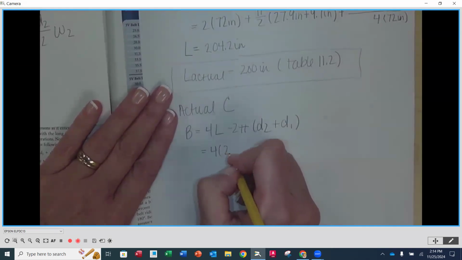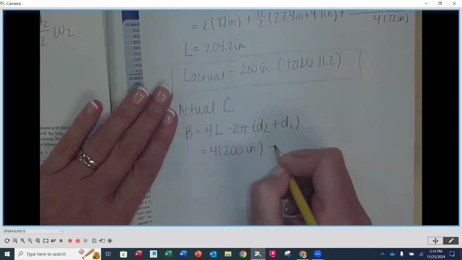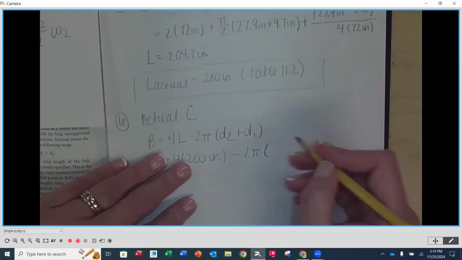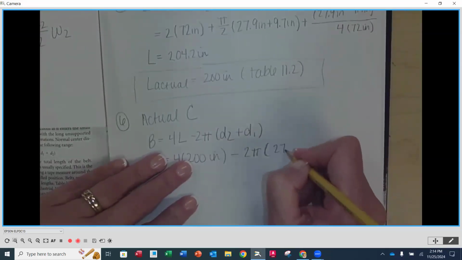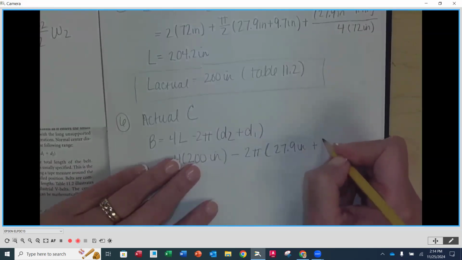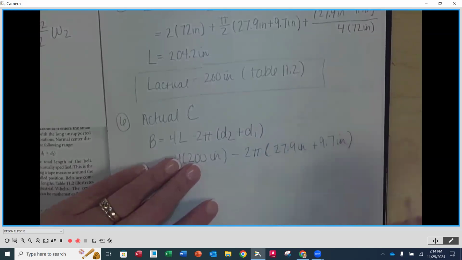It's going to be 4 times 200 inches minus 2 times pi times 27.9 inches plus 9.7 inches. Okay.